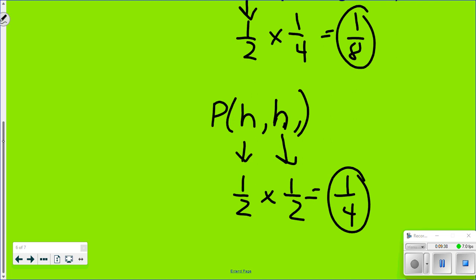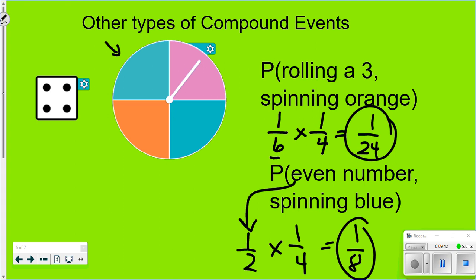So let's go back to the top, and let's look at our spinner and our dice again. What's my probability of getting a purple on my spinner and flipping a heads on a quarter? So my purple would be 1 out of 4.